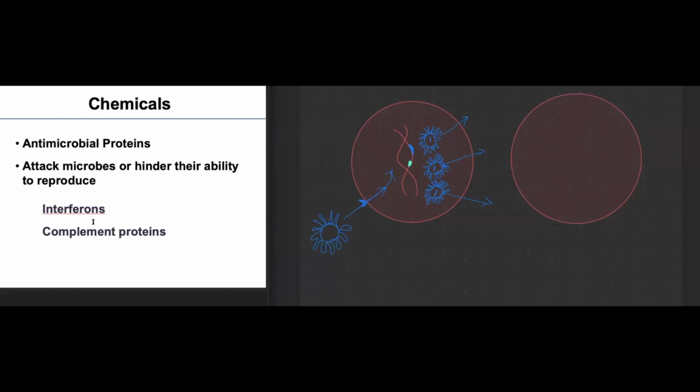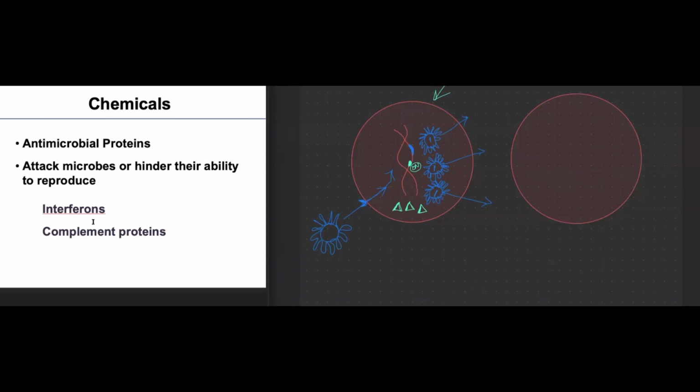Like this viral genome, when it gets integrated, it turns on a specific gene on my normal DNA, and this specific gene is going to be coding for special proteins called interferon. So once the virus gets its genetic material integrated, I'm infected, I can't help myself. This cell needs to be destroyed.